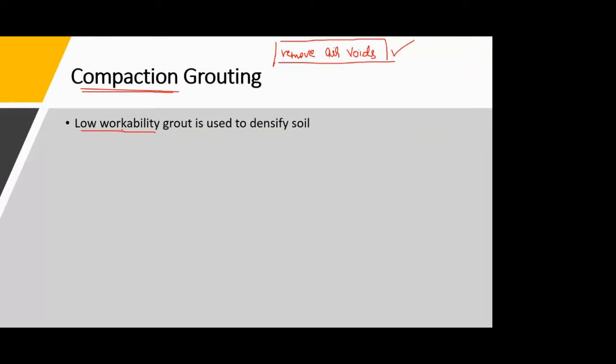There we saw that it can be simply a cement and water mixture, no fine aggregate or sand involved. But in compaction grouting, we need a grout which has less workability. So if you consider a cement mortar with less water content, that will have low workability.